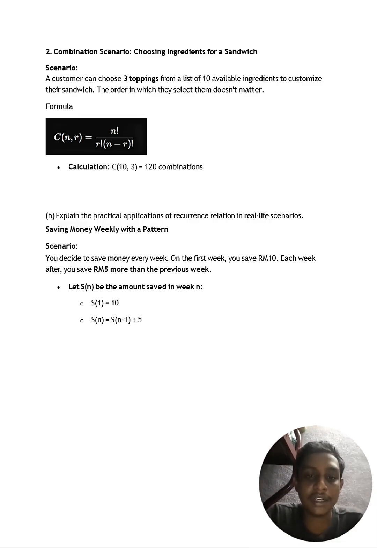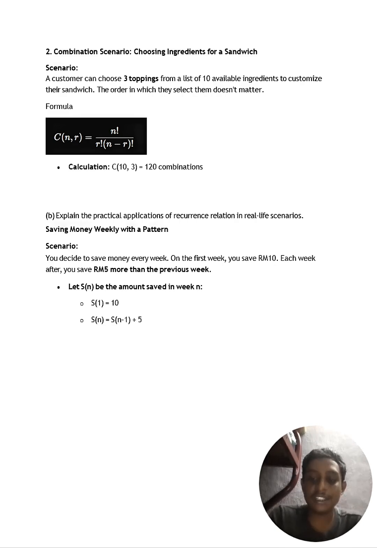And B, explain the practical application of recurrence relation in a real life scenario: saving money weekly with a pattern. You decide to save money every week. In the first week, you save 10 ringgit, and each week after you save 5 ringgit more than the previous week. So it creates a pattern where in the first week you save 10 ringgit, the second week 10 plus 5, 15 ringgit, the third week 15 plus 5, 20, and the fourth week 20 plus 5, 25 ringgit, and so on.